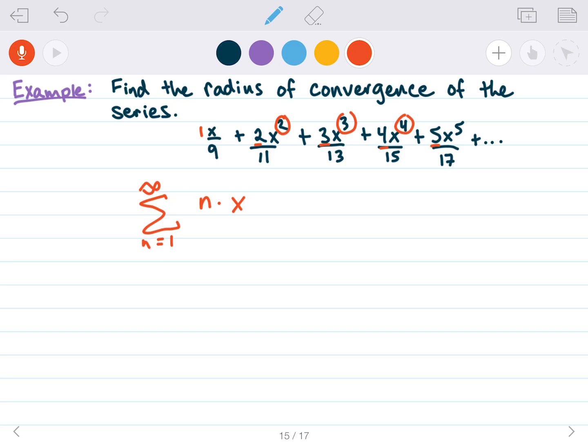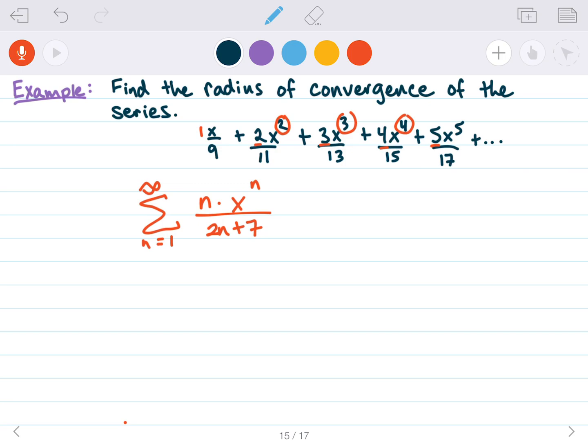And on the bottom, I have 2n plus 7. That's my formula, and you should check that this works for n equals 1, 2, 3, 4, 5.